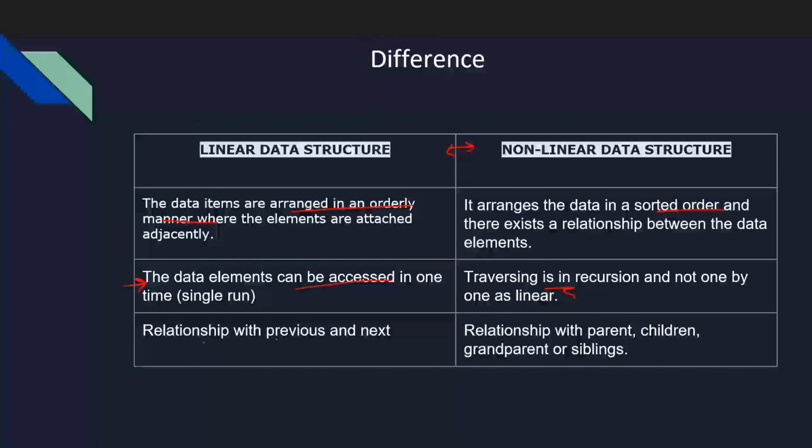We have the relationship with previous and next. So even if it's an array and you are at the ith index, you can go to i+1 or i-1, or if it's a linked list, you can go to the next, and if it's a doubly linked list, you can go to the previous. So defining the relationship is much easier and simpler in a linear data structure, but not in a non-linear one. A non-linear data structure has a parent-child relationship.